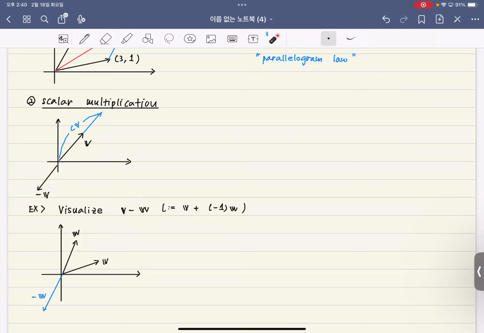And now I will need to add this vector to -1 times this guy, right? And according to my parallelogram law, the resulting vector would be something like, sorry, my picture is not good, but well. This is going to be my v minus w, right?